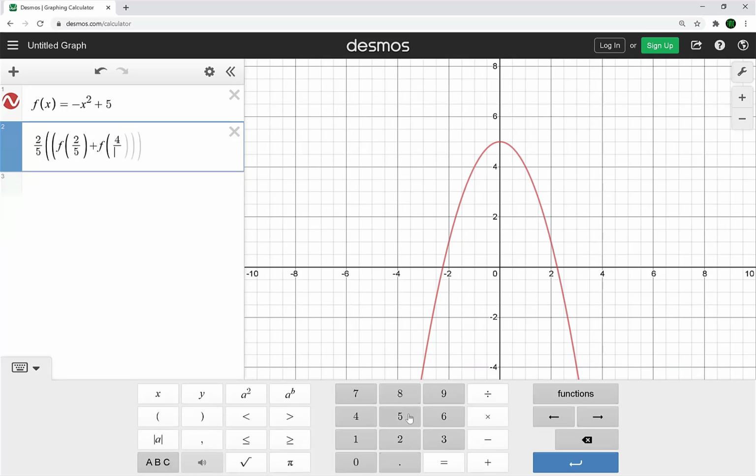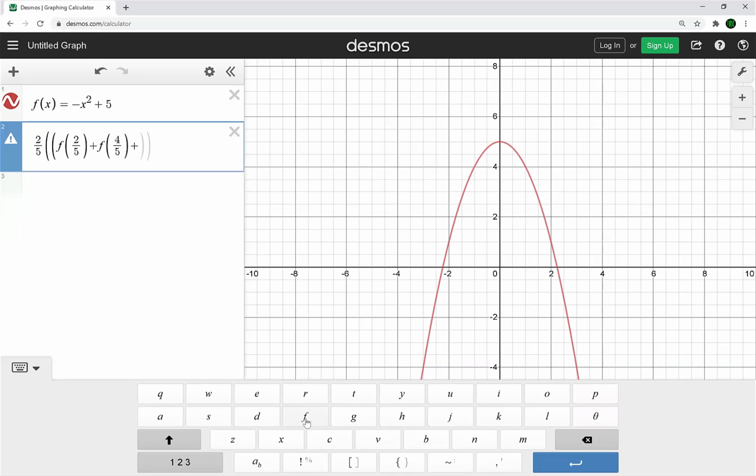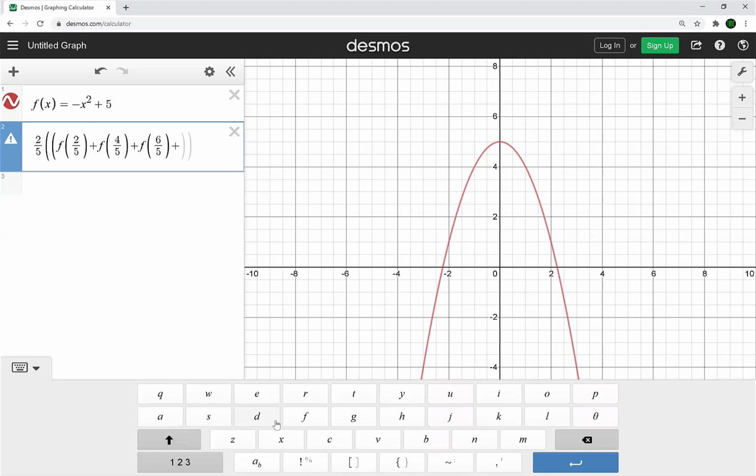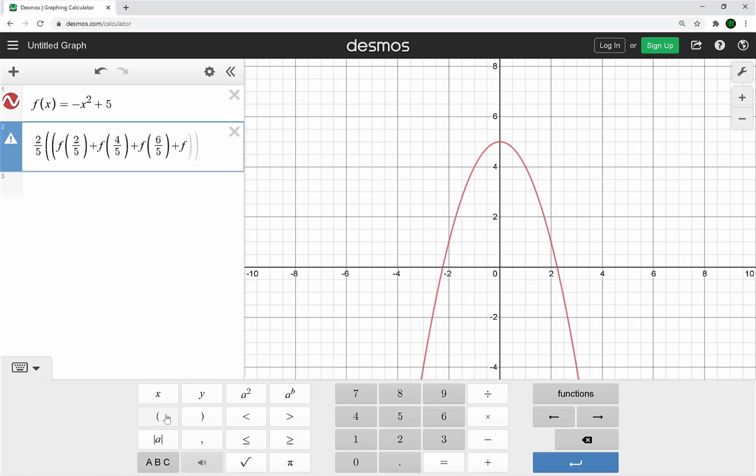And I'm sorry that we're going slow. I have to push my mouse here. Close that. Plus, thankfully, we don't have to do it that many times, 5 times. F of 6/5, plus f of 8/5.